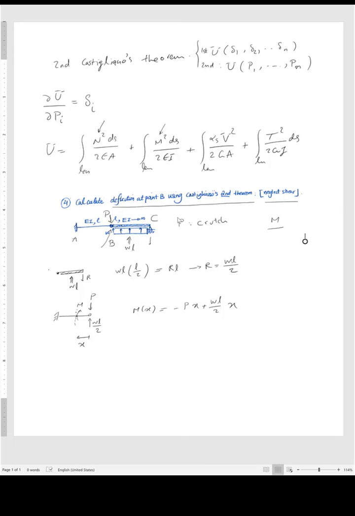Now, not a trick, but something that simplifies the solution of such problems is that we know already what we want toward the end. We just want the derivative with respect to a force component, right?